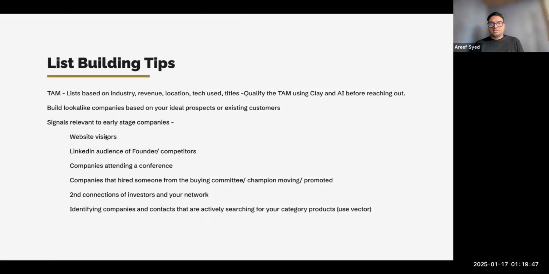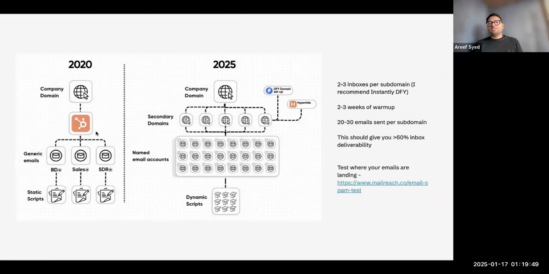So this is how it has changed. In 2020, you had a company domain, you had HubSpot or Outreach or Salesforce, and you used to send to hundreds of contacts, and you used to get meetings booked. But it changed from 2020 to 2023, wherein you don't want to use your primary domain.